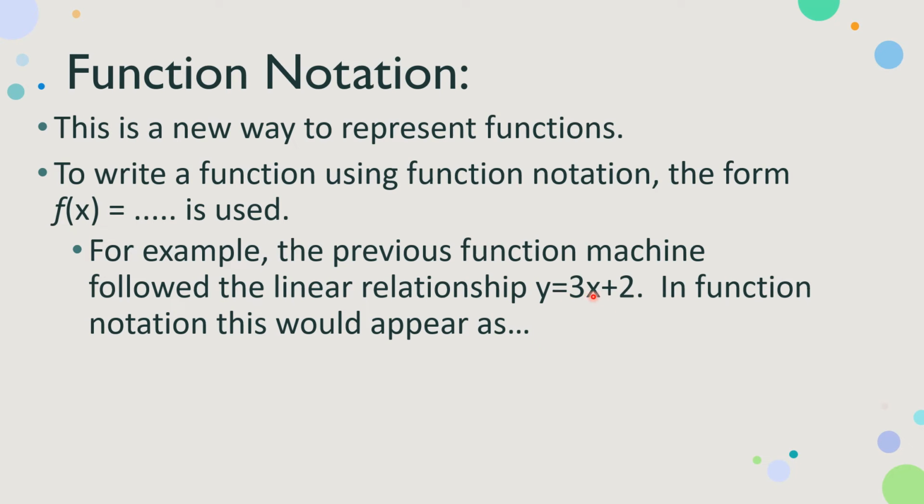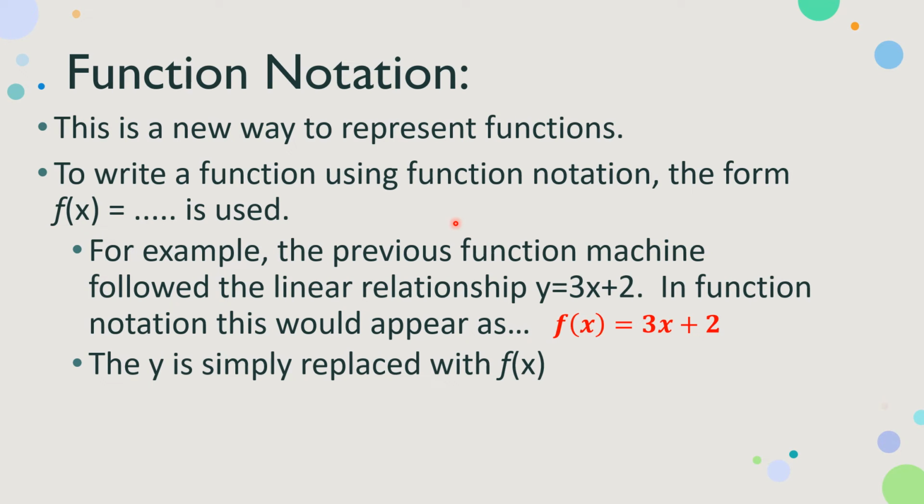If you remember from our first function machine, we had the equation y equals 3x plus 2. Well, if we were to write this as a function, we just replace the y with this new symbol f of x. And it would look like this. This is function notation.